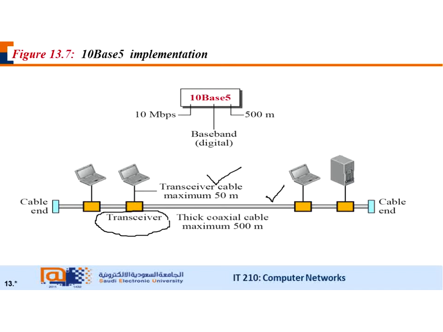Now the maximum length of the coaxial cable is 500 meters. If this cable exceeds 500 meters, then there is excessive degradation of the signal. So the size of the cable should not be more than 500 meters.